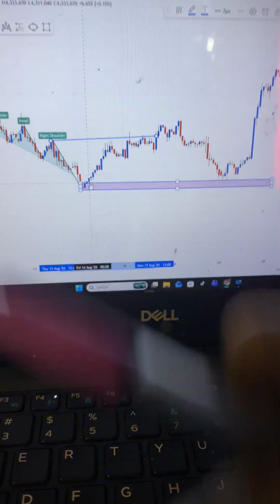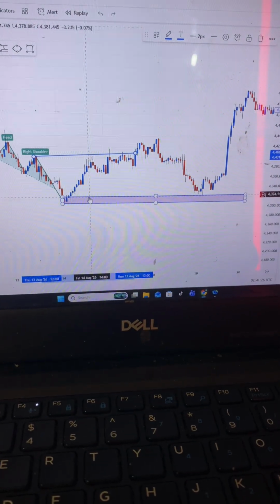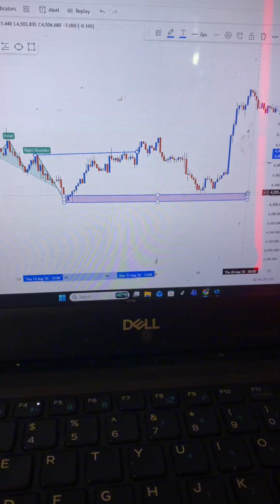So right here, that's where we draw our order block rectangle, and draw it across the screen. After drawing your order block, you wait for price to go back down and touch your order block, to mitigate the inefficiency that's there in the market, or to fill up the gap that was there. I'm going to show you guys that in the market right now.